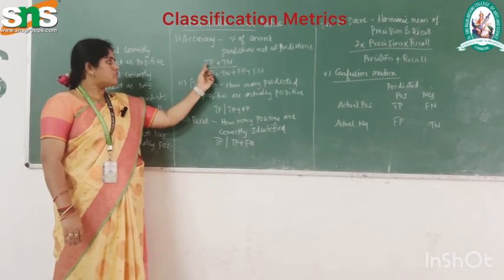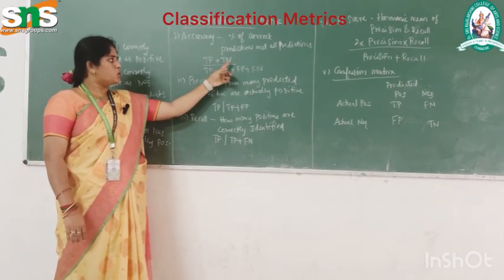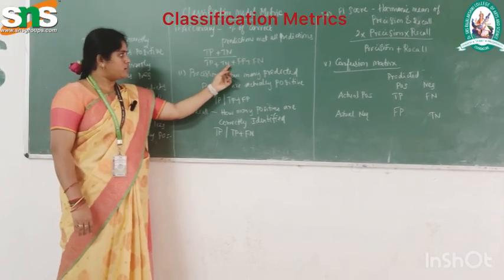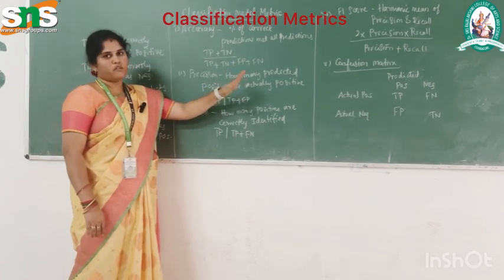It is the addition of true positive and true negative, divided by true positive plus true negative plus false positive plus false negative.